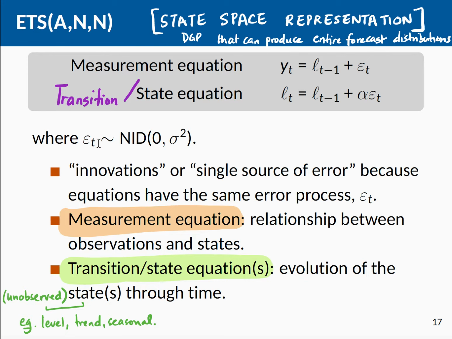So epsilon t here is normally identically distributed with mean zero and variance sigma square. You have transition or state equations, which is the second equation here, which really governs the evolution of the unobserved states through time. So the states are unobserved. This could be level, trend, or seasonal components, but again, in the context of simple exponential smoothing models, this is not going to involve trend or seasonal components.